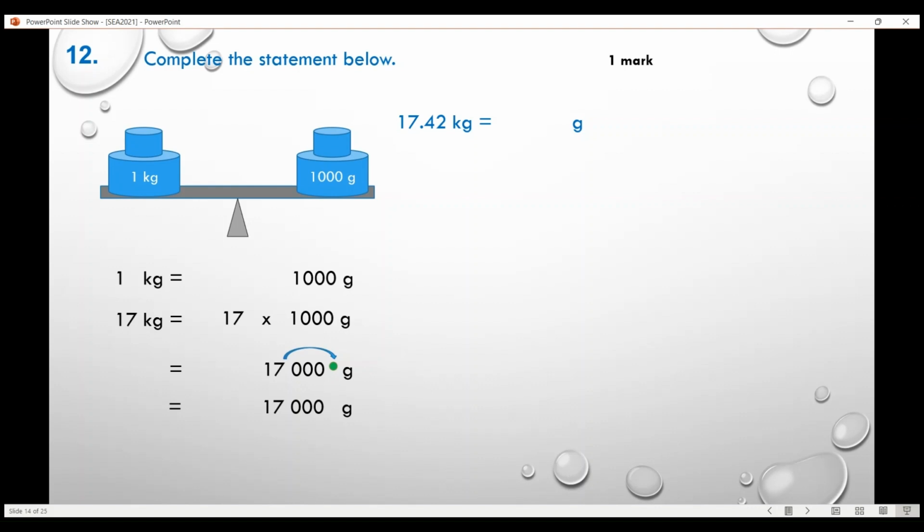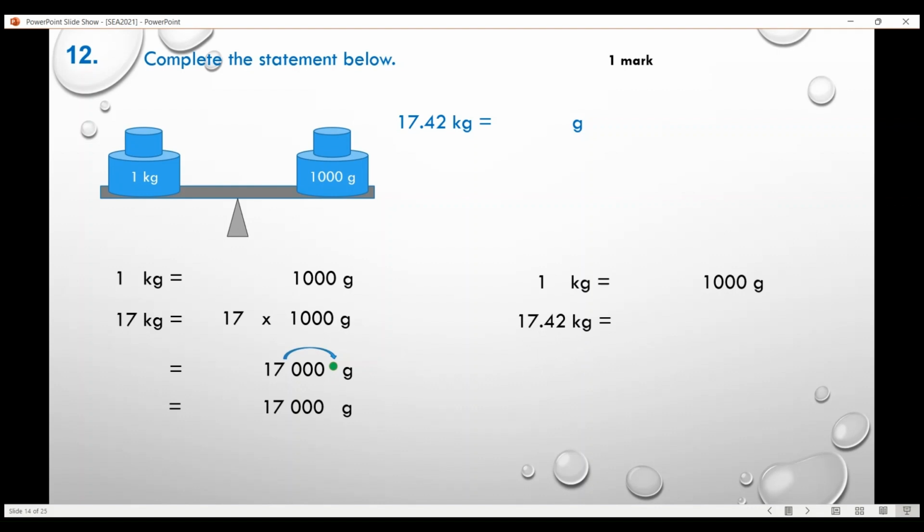So as we've gotten 17,000, let's look at the actual question. It's slightly different, but the same conversion holds, which is 1 kilogram is equal to 1,000 grams. And then what we want to find for this question is what is 17.42 kilograms. So if we look at how we work 17 kilograms to the left, convert it to grams, we multiply by 1,000.